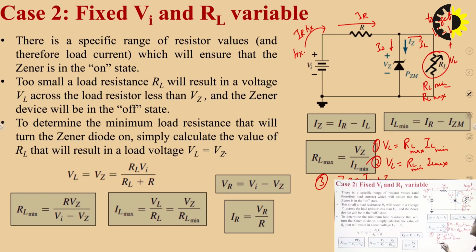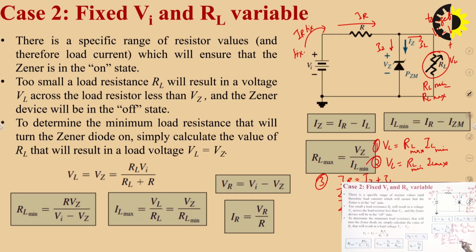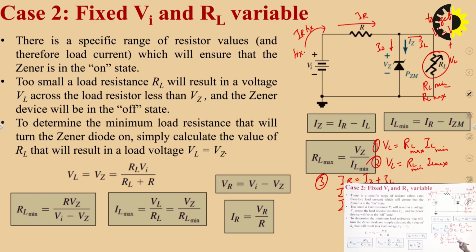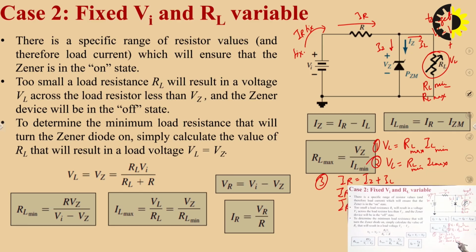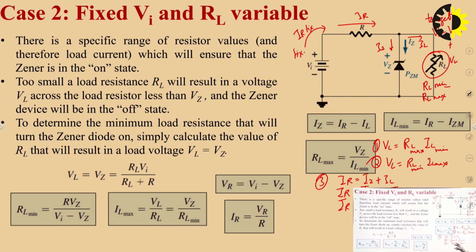Also IR must be IZ max plus IL minimum, because this IR is constant. So if we increase the value of IL, that is IL max, then the minimum amount of IZ, IZ minimum, would be there, and if IL is minimum, then the maximum amount of IZ, IZ max, will be there. So these two are the fourth equation and fifth equation that we will use.